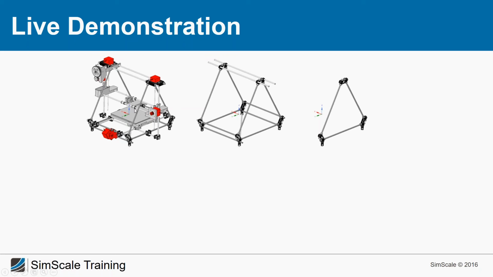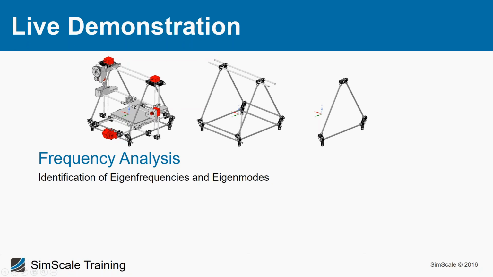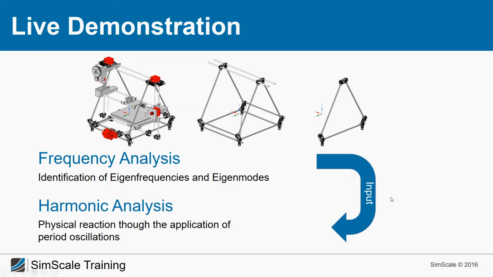But as I mentioned, the idea of this webinar is to give you some hands-on insights, and therefore we will first of all just take a look at one of these parts of the frame, just to reduce the amount of work, because in the end the learning is the same. We will perform a frequency analysis of this subframe, so we'll investigate what the eigenfrequencies and the related eigenmodes of this part are. And then we will investigate, for several of these identified eigenfrequencies, how the frame would react to the application of periodic oscillations.